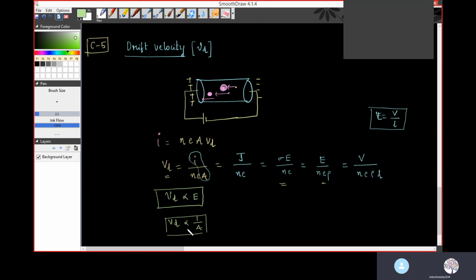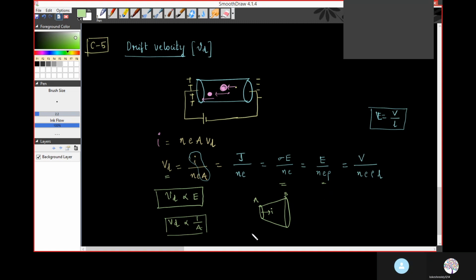Based on this concept, he will give a question like this. Current I is flowing through this conductor. What happens to Vd at A and B? Where will it be more?